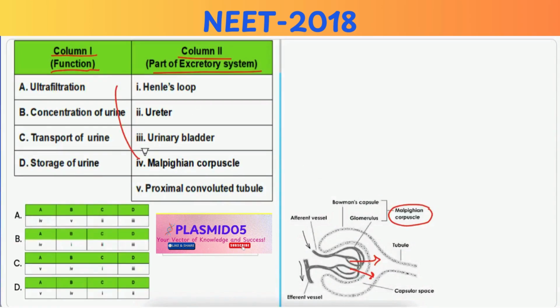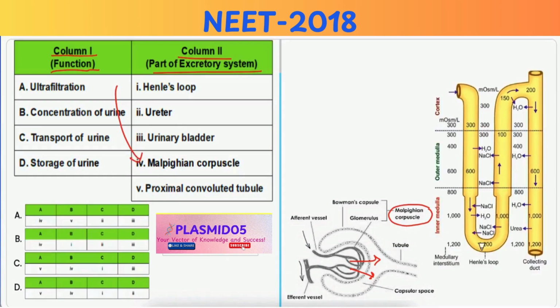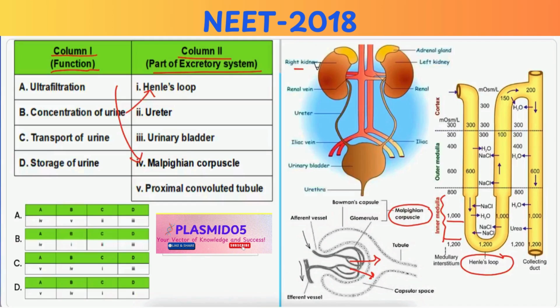Concentration of urine refers to water absorption from glomerular filtrate as a result of hyperosmolarity in the medulla created by a counter current mechanism in Henle's loop. Thus, B matches with 1. Now, urine is carried from kidney to bladder through ureter. Thus, C matches with 2. And urinary bladder is concerned with storage of urine. Thus, D matches with 3. Hence, the correct answer is option B.